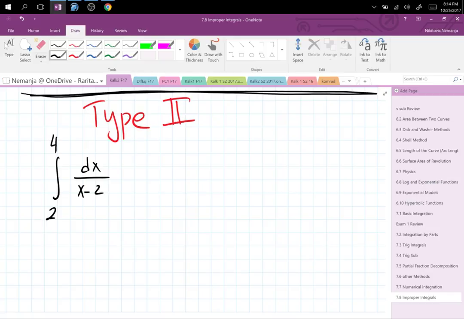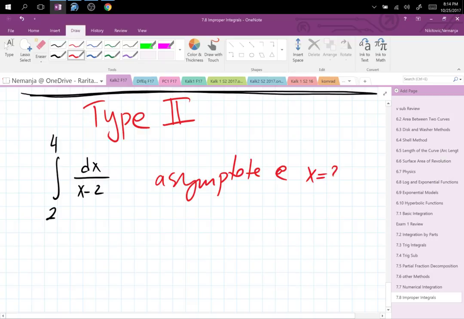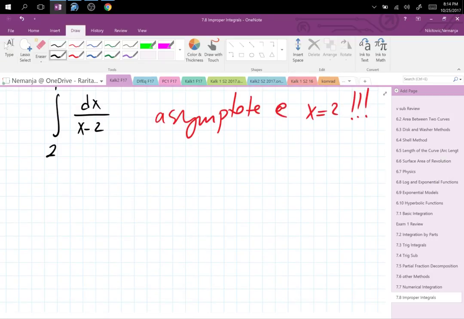So now you have to consider this situation, which means that we have to unleash the limit. Limit as a goes to 2 from the right, so 2 plus, right?